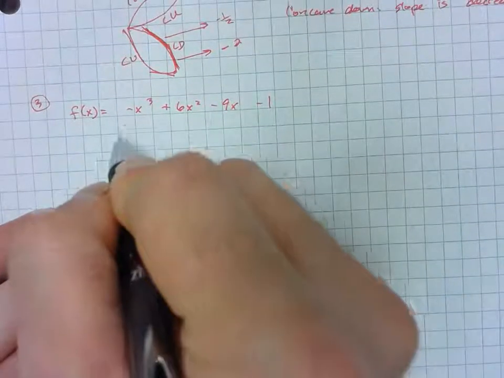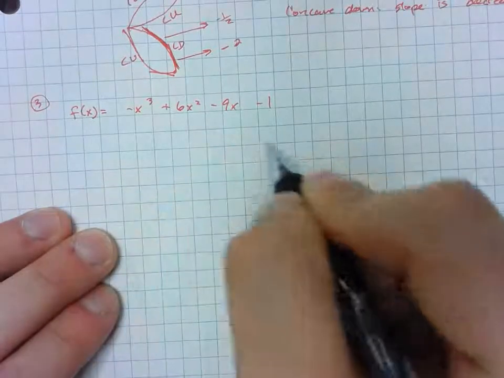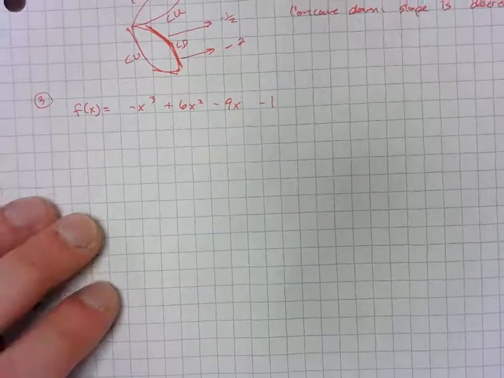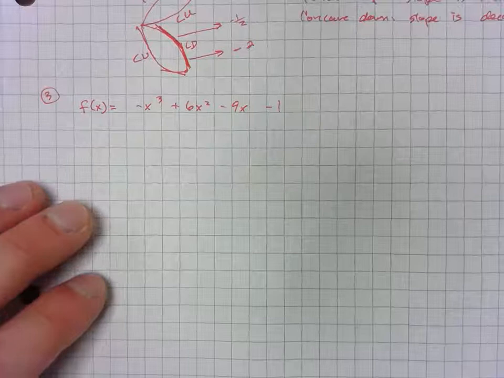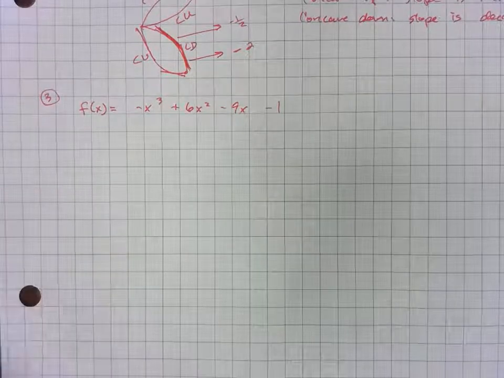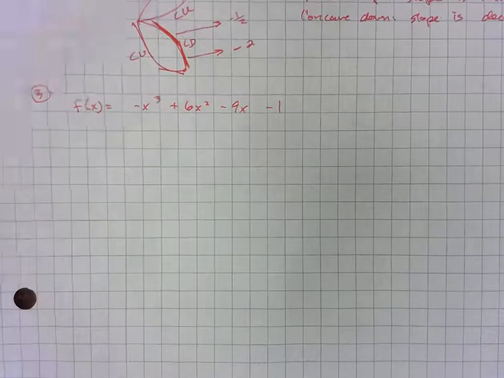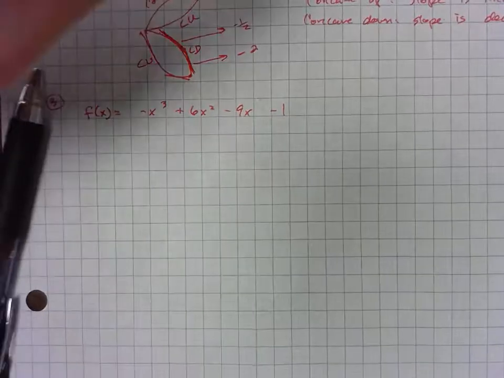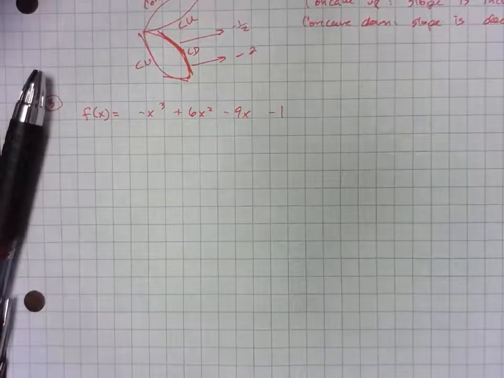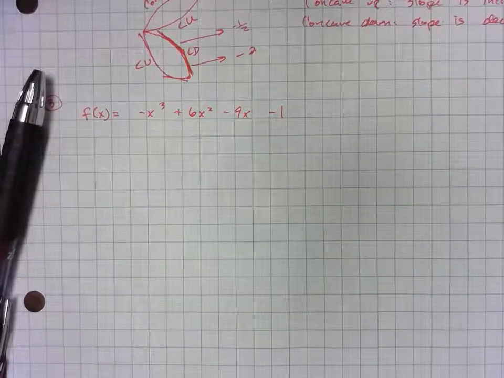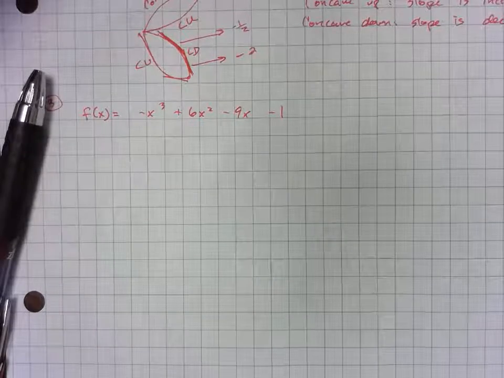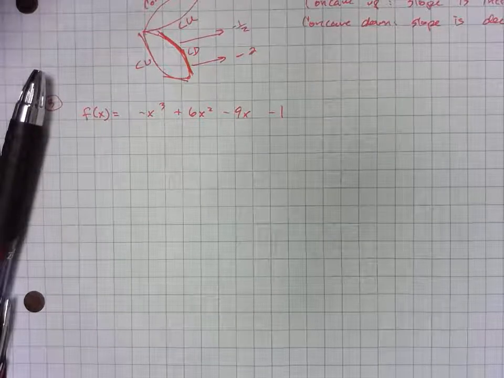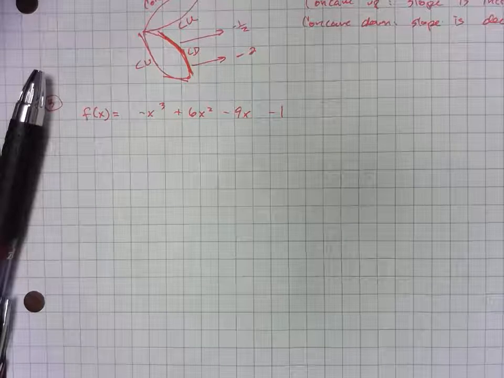For those of you who are watching this later, right now I'm going to desmos.com and I'm going to graph this function. If I were you, I would go to Desmos real quickly and graph this.